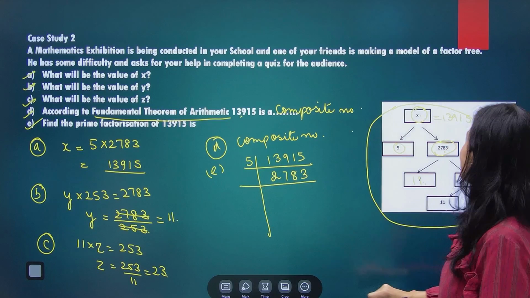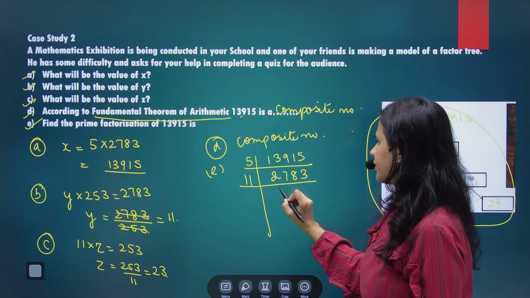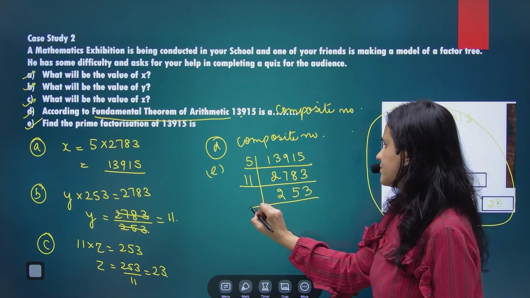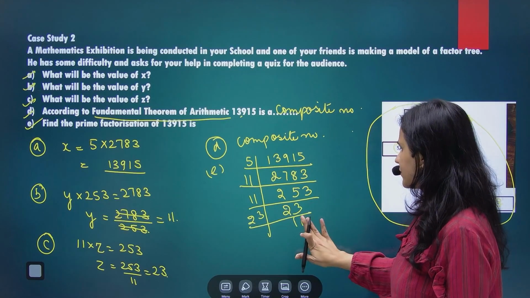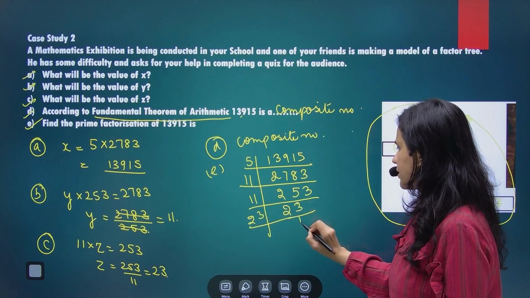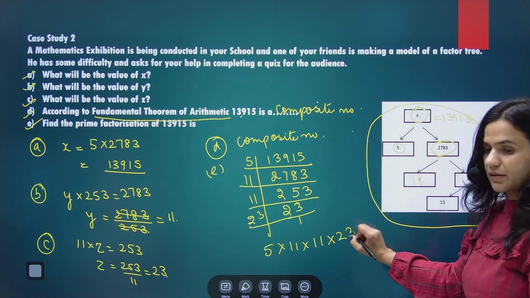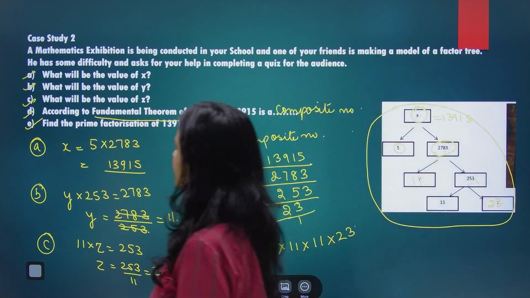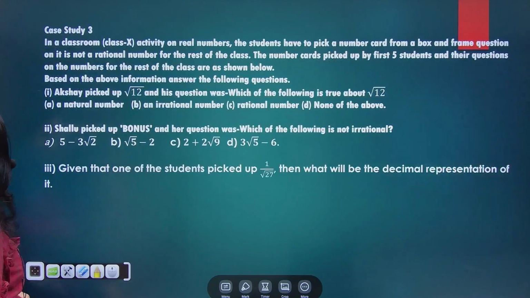Then 2783, ये हमने निकाल ही रखा है यहीं पे, the same 5 into 11 into 11 into 23. तो it is going to be 5 into 11 into 11 into 23. Okay, so the E part of the question has been done. This was case study 2. Let us switch to next case-based question.